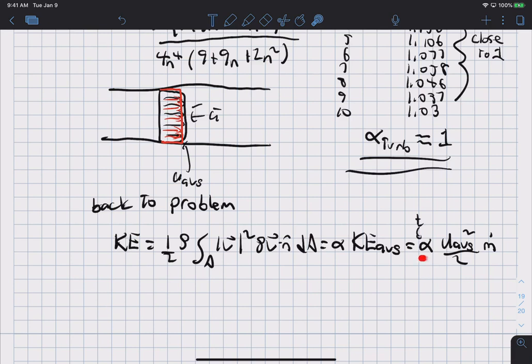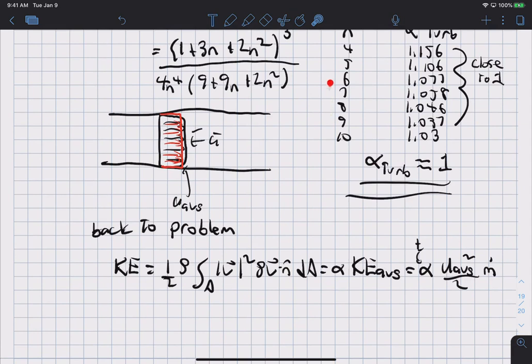You now just have to pick an alpha based on the flow. If we really wanted to be anal, we could choose a 1/7 profile and use an alpha of 1.058. But you don't know what n is; you just know it's going to be somewhere between 6 and 8. Those are very close to 1, and certainly within the estimate of the loss coefficients and everything else, a shift of 1% or 2% on alpha isn't going to make or break your calculation.